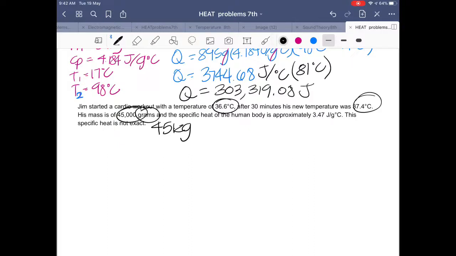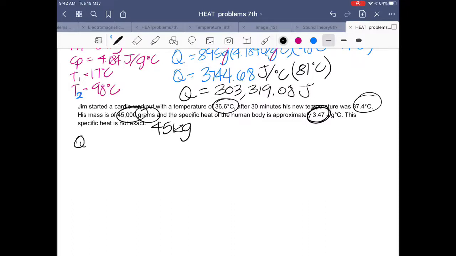So if you weigh, I don't know, 50 kilograms, make sure you put 50,000 grams. And the specific heat of the human body is 3.47 approximately. That's not so exact because of our fluids and everything we have inside.